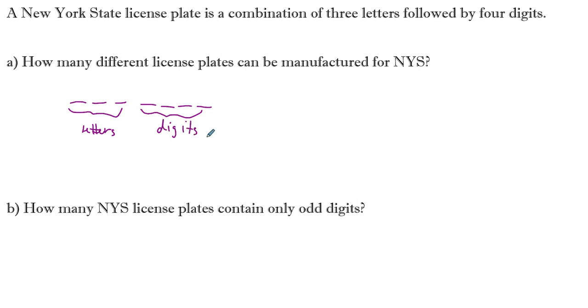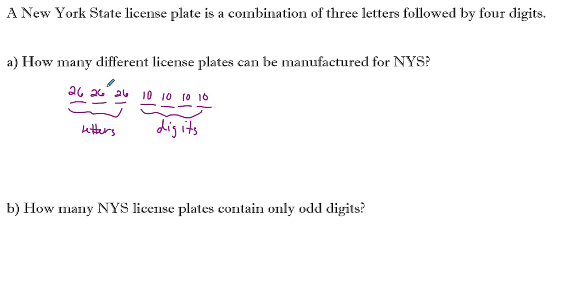They've told us there's no restrictions on what we can use, which means that we have 26 letters that could be for the first letter, 26 for the second, 26 for the third. Again, no restrictions here. And then we have to follow that with 4 digits. Well, digits are 0 through 9. That means there's 10 of them. So we have 10 possibilities for each place.